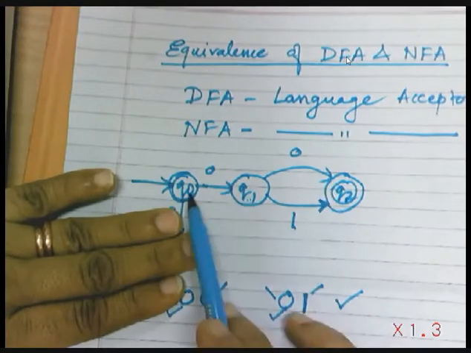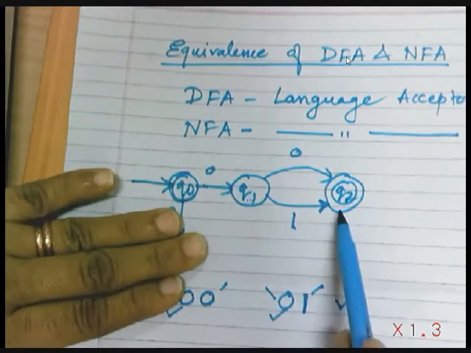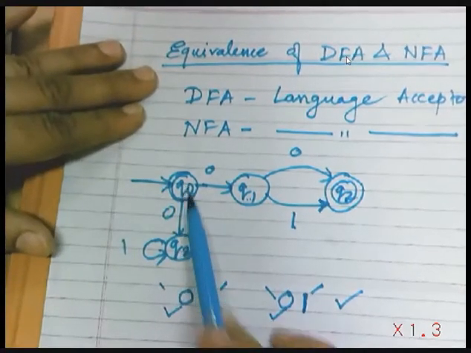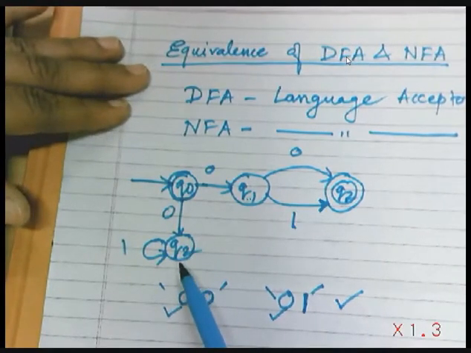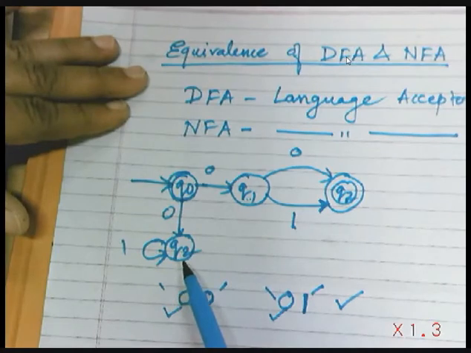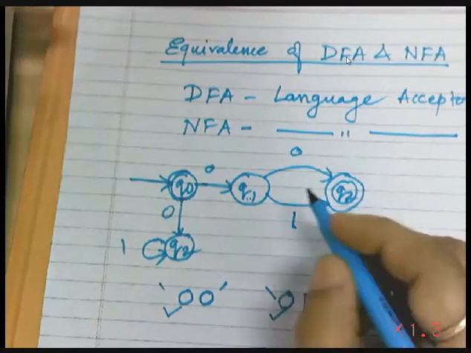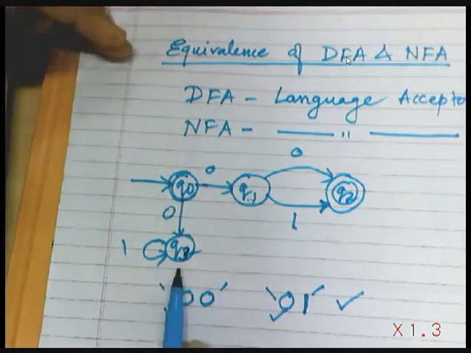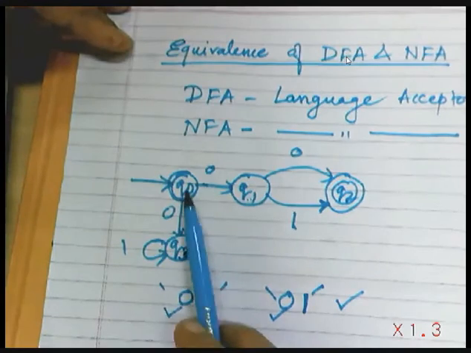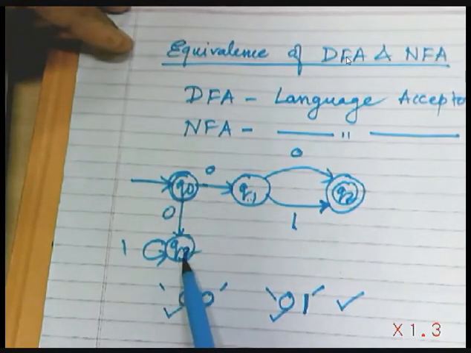Even though we can reach from Q0 to another state, if it is not a final state, we do not consider it. I should write Q3 here. Since Q3 is a non-final state, even if I move there with 0, I do not have any path for acceptance of any string.